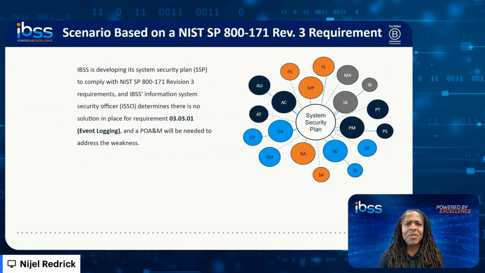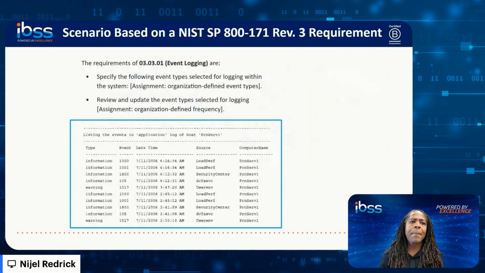So we've created a scenario for you based on a Rev 3 requirement. IBSS, in the process of developing its SSP, the ISO determines that there's no solution in place for requirement 3.3.1, or event logging, and a POAM would be needed to address that weakness.